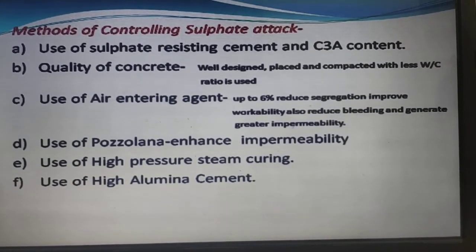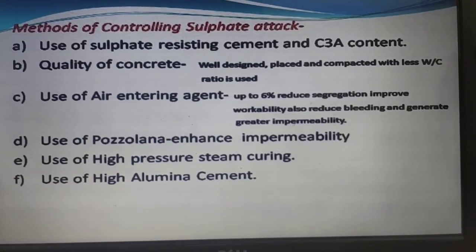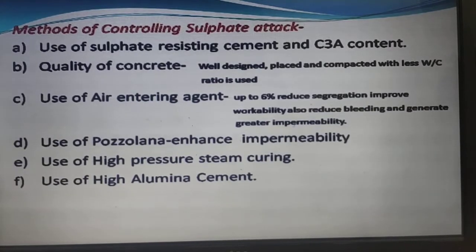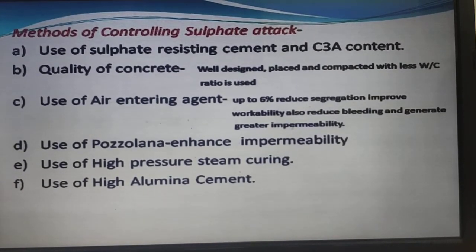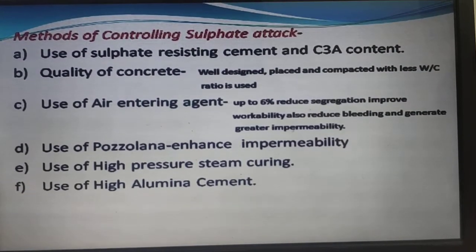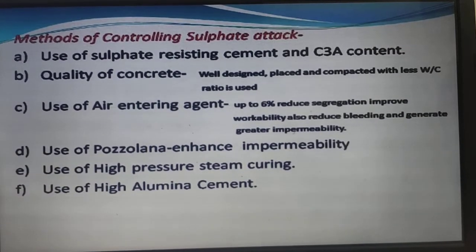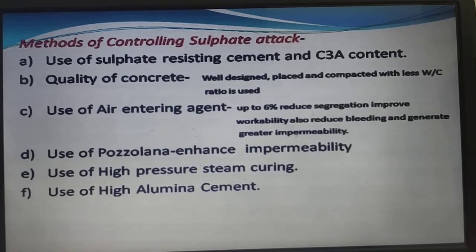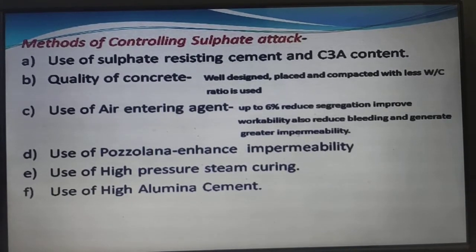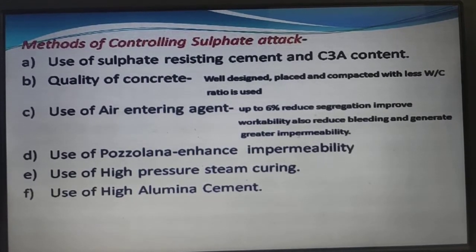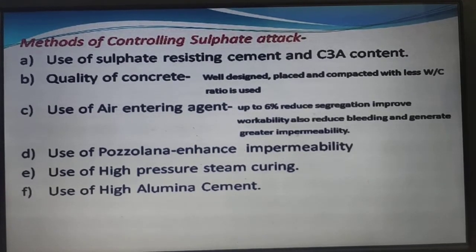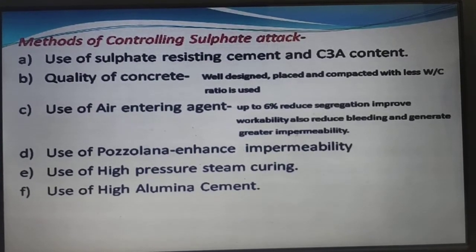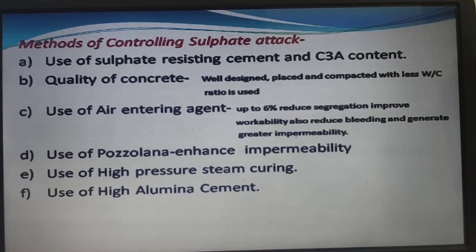Use of air entraining agent up to 6% reduces segregation. Only up to 6% by weight of cement should be used as an air entraining agent, which will improve workability, reduce bleeding and generate greater impermeability. Hence up to 6% air entraining agent is permissible; beyond that we should not use it.